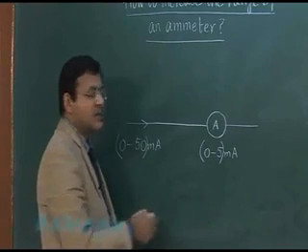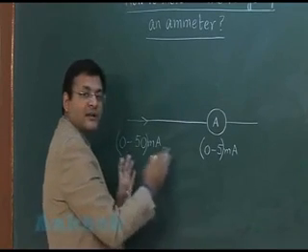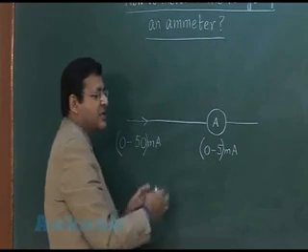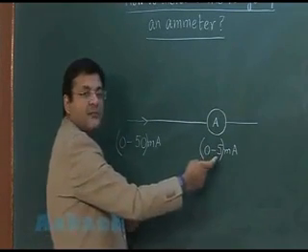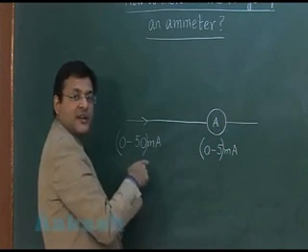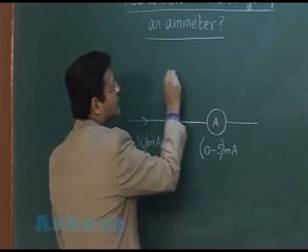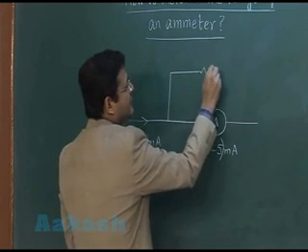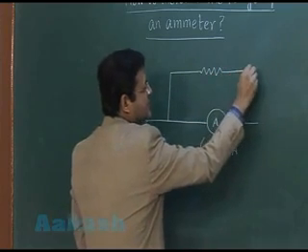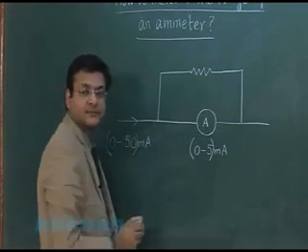Now you see, the technique we use is that whatever extra current is coming, extra means maximum 5 milliampere should come into this, but more than 5 whatever is coming, that should be bypassed with the help of a small resistance connected in parallel to this ammeter.